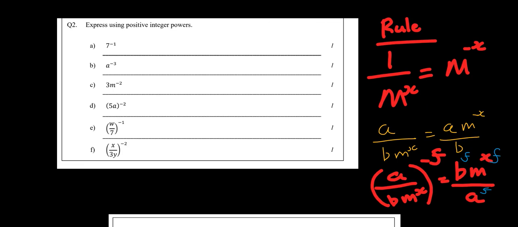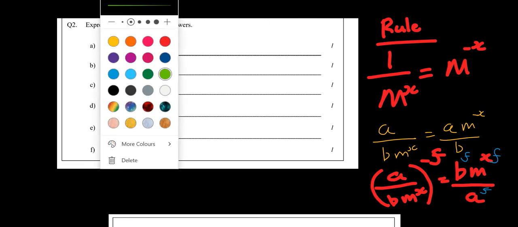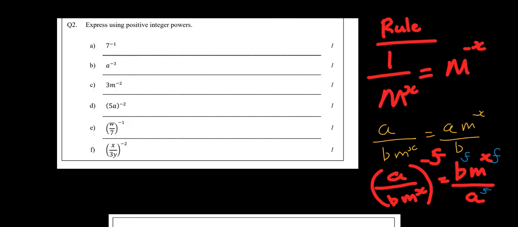Okay, so let's apply this principle. As a positive index, that's going to be simply 1 over 7. That is going to be 1 over a cubed. This is going to be, using this principle here, 3 over m squared. So I'm going to rewrite this as 5a over 1 all to negative 2.